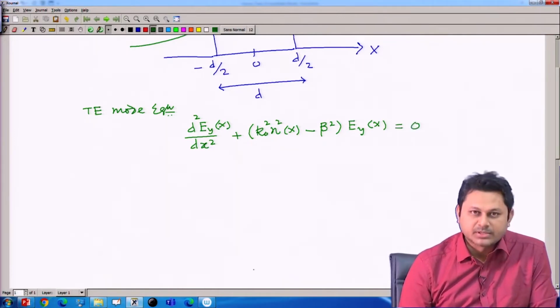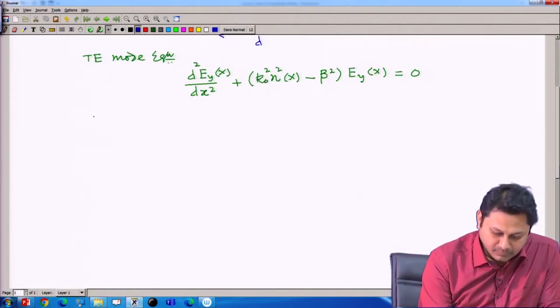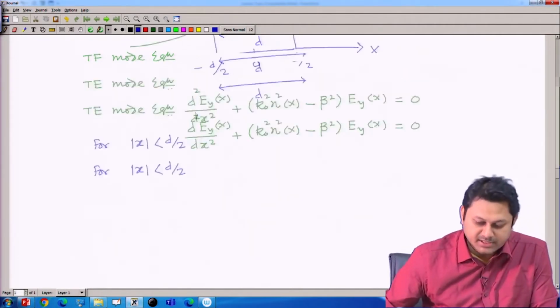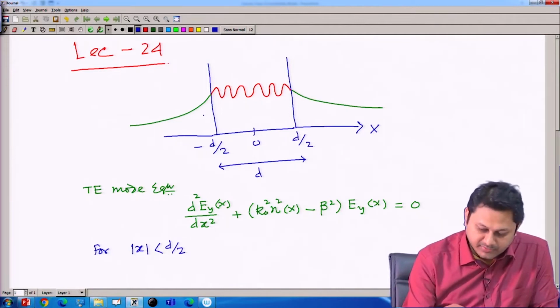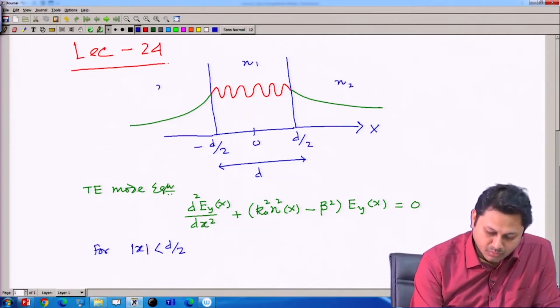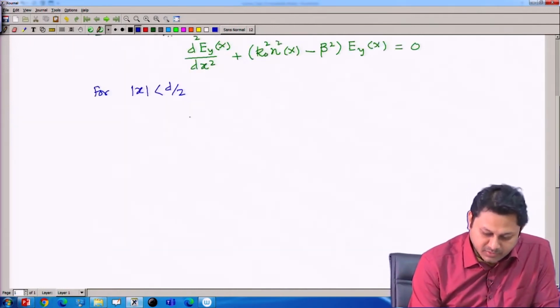That was the mode equation. And in the region mod of x less than d by 2, which is the core region, the refractive index was n1, and it was n2 on this side. So, this equation one can write this way.